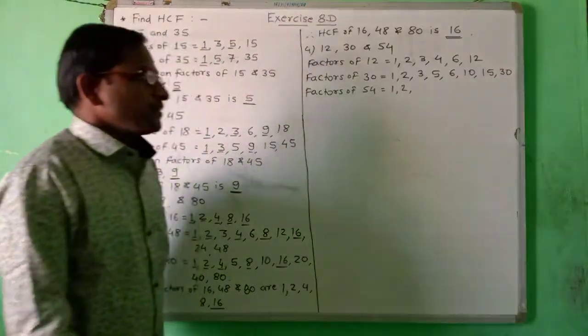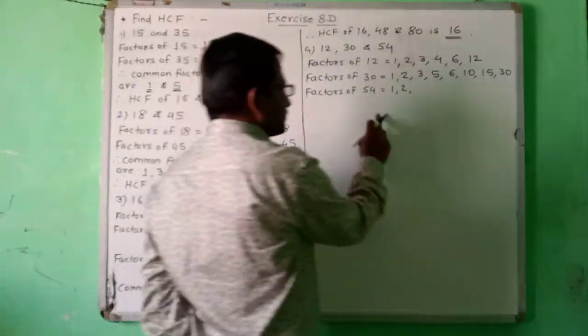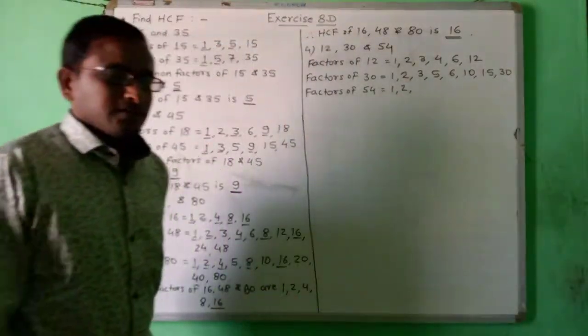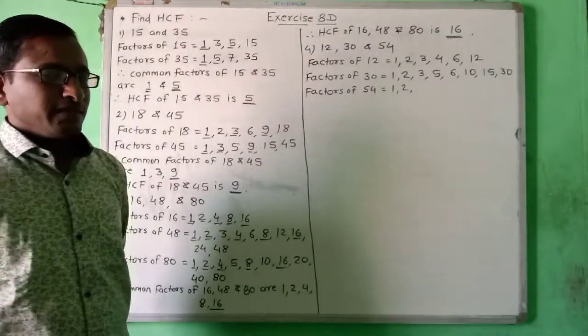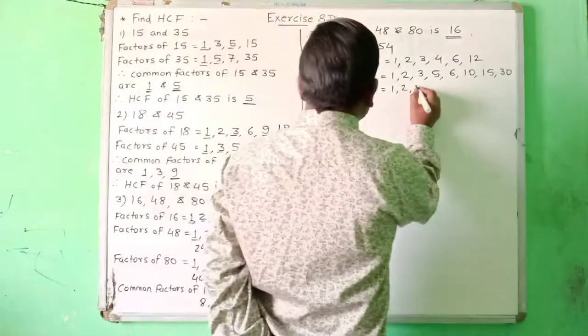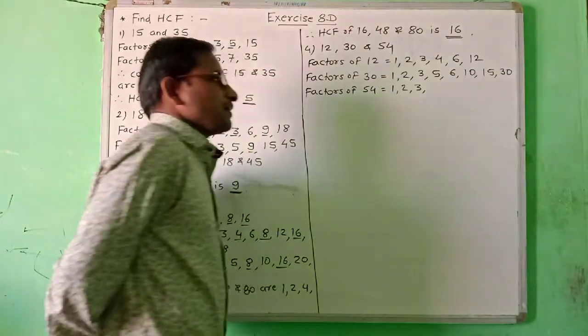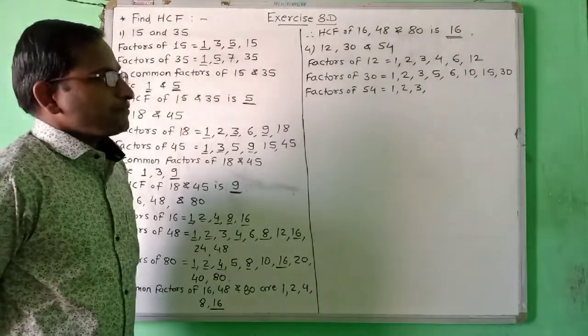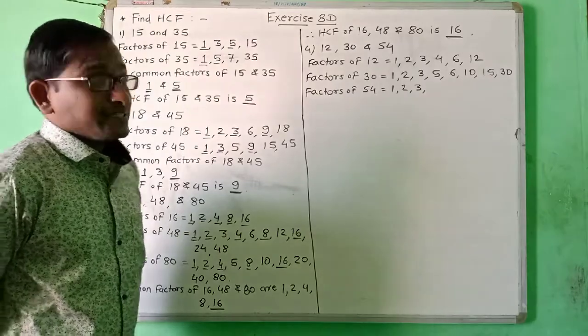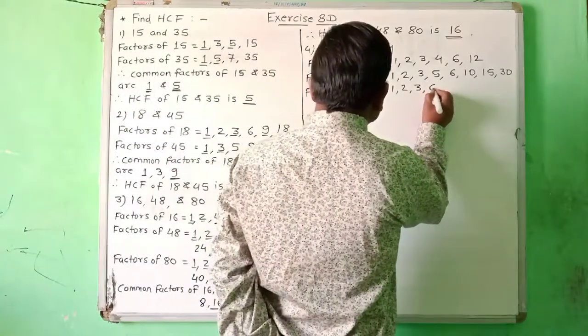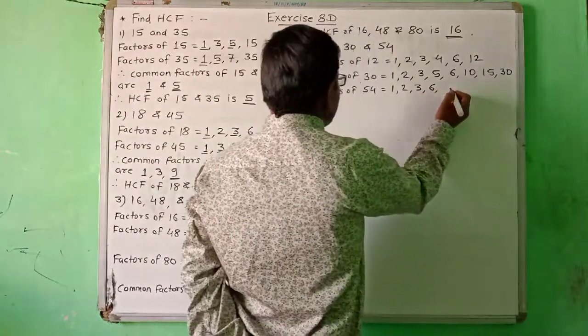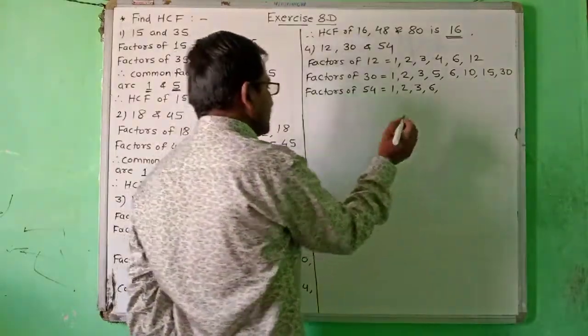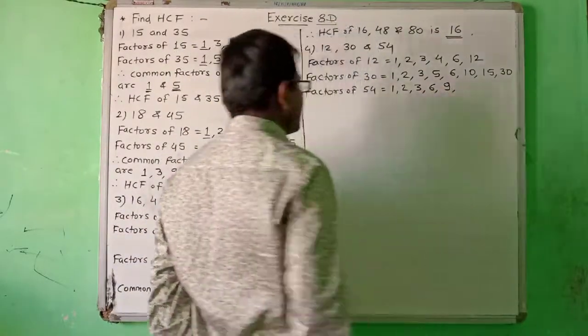Then 3 is a factor of 54: 5 plus 4 is 9, the sum of the digits is 9, and 9 is divisible by 3. So 3 is also a factor of 54. Then 4 is not. 5 is not. 6 9s are 54. Then 7 and 8 are not, but 9 6s are 54.